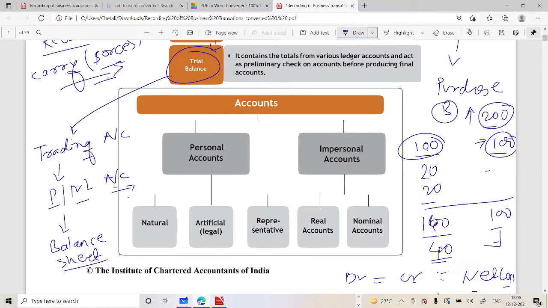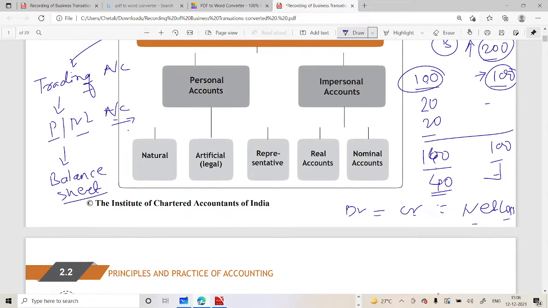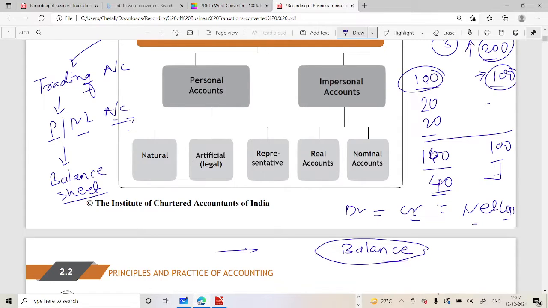If there is a net loss in your profit and loss account or statement, then definitely we pull the balance from the profit and loss account, and you post this balance to the debit side of the balance sheet. So it will affect your balance sheet as well by the same amount.